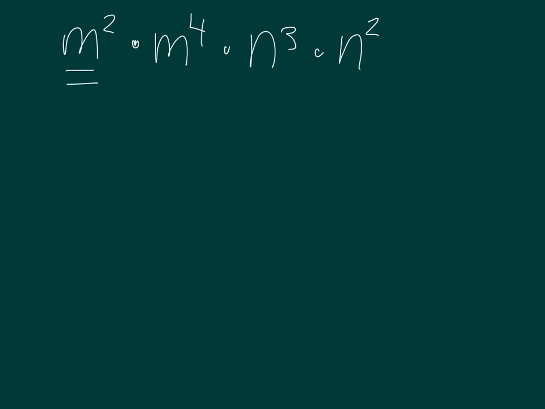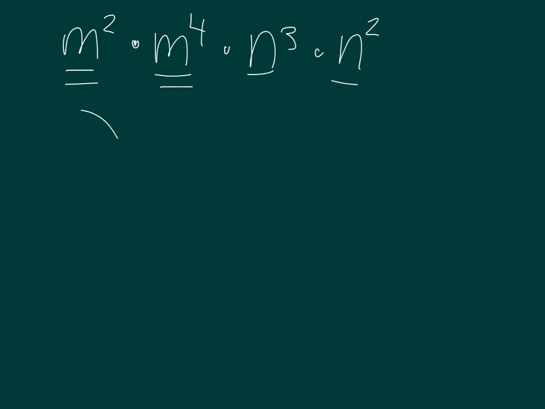Now let's look at one last example of the power of a product. Let's take m squared times m to the fourth times n cubed times n squared. Well, here we have like bases of m and like bases of n.